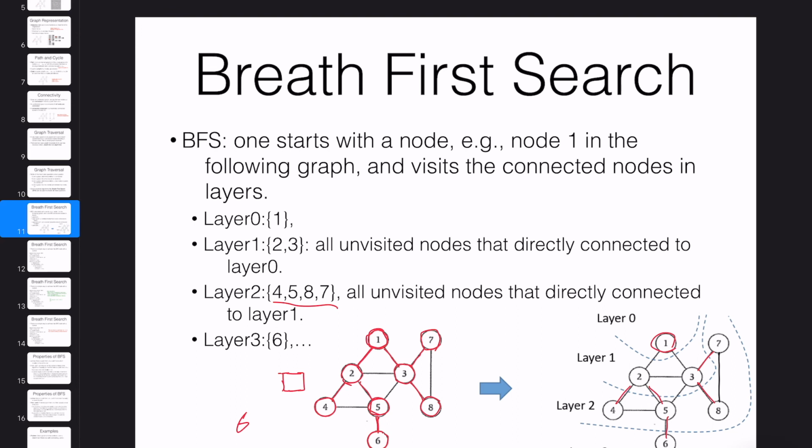From 2 and 3 it reaches all the nodes which are connected to them. And so whenever you put a node in the queue, you also mark it as visited, right? So it is very intuitive that if there is any path from S to any of the nodes, those nodes will be visited at the end, will be pushed to the stack, and you actually mark them as visited.